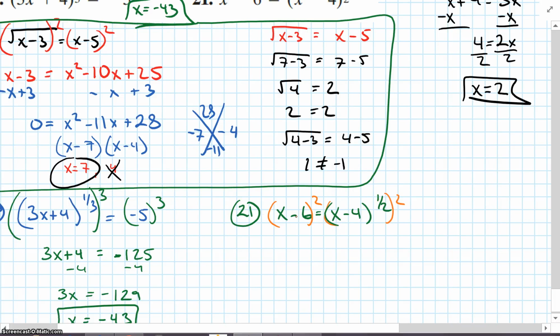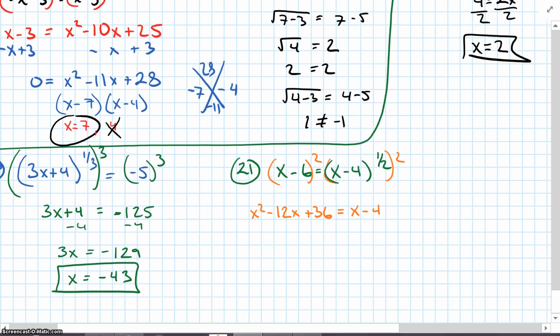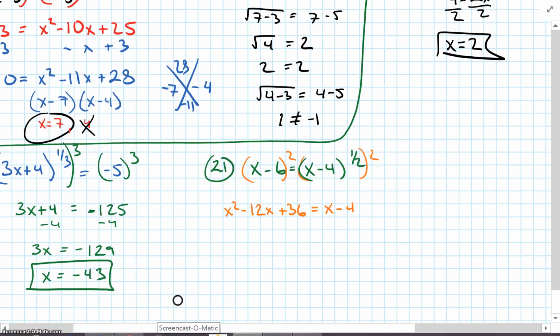So x minus 6 squared is going to be x squared minus 12x plus 36. And that's just going to be x plus 4. Subtract x from each side, and go ahead and add 4 to each side. So now I'm going to get x squared minus 13x plus 40 equals 0.